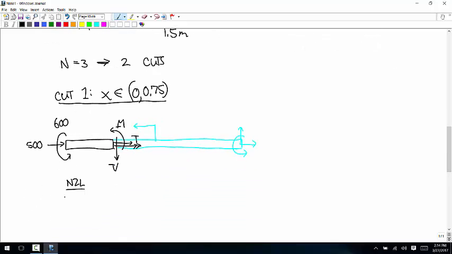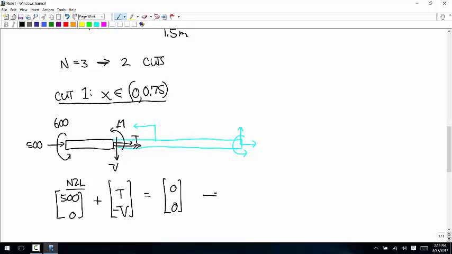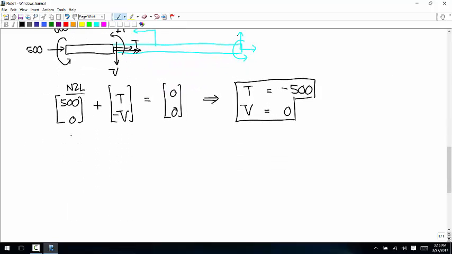So Newton's second law says 500, 0, plus T, negative V is equal to zeros. And so T is equal to negative 500, V is equal to 0. And the moment equation about the z-axis: 500 doesn't produce any moment.